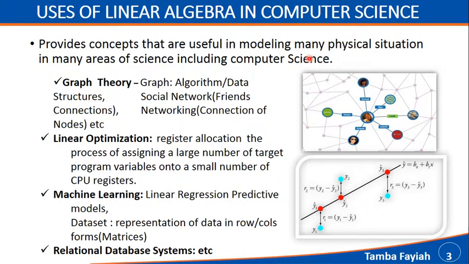So in computer science we have what we call graph theory. Graph theory deals with how points are connected with linear lines or straight lines. It is also applicable in areas like social networking.